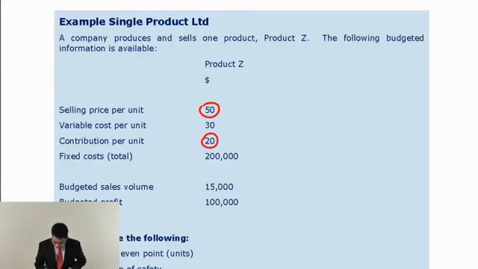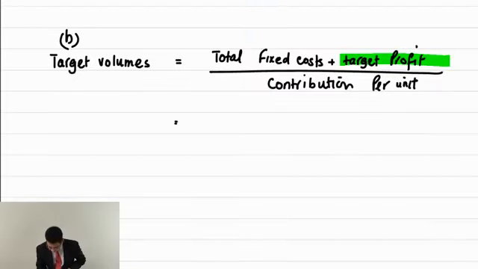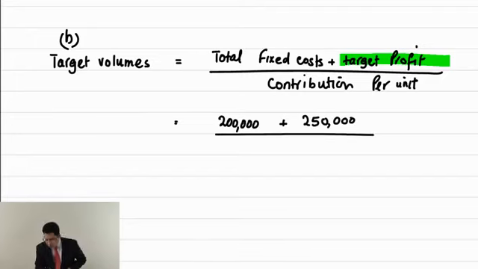Fixed cost in total was $200,000. Target profits are 250,000 and contribution per unit 20.